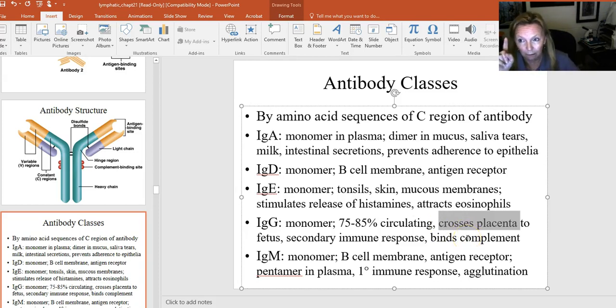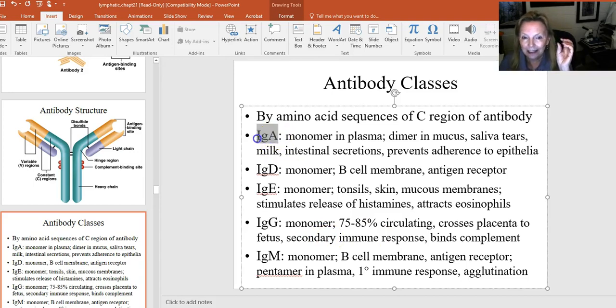Now, if she doesn't have antibodies, and she ends up getting measles, mumps, rubella, chickenpox while she's pregnant, and she doesn't have protection, that virus is one of the ones that can cross the placenta and be devastating to a fetus. So let's think about this again. Antibodies circulating in a pregnant woman can be very protective to a fetus, right? This is the predominant class. This is the class that is on the secondary exposure, and that's important. I'm going to show you why in a second.